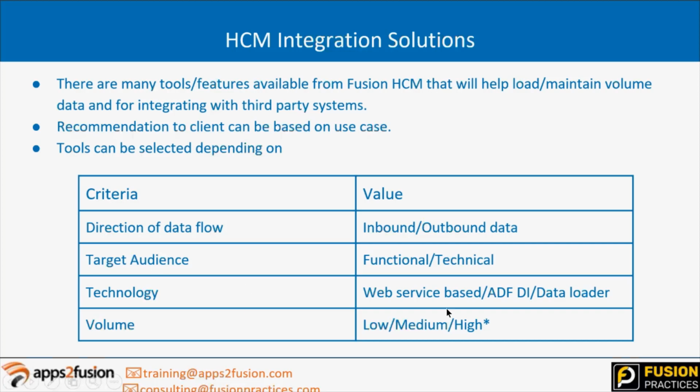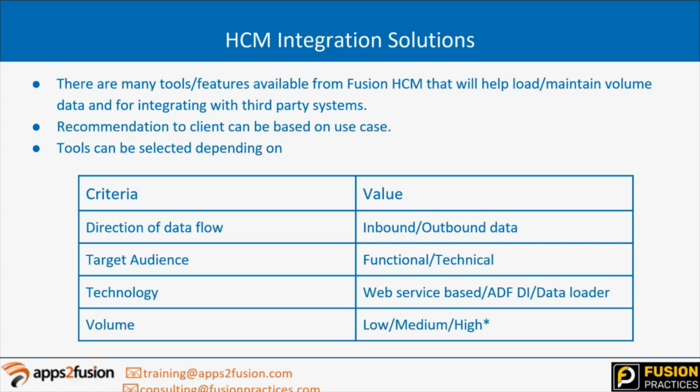And also the technology. If it is a one-time data load, we can manually load the file. If it is an ongoing interface, then we have to go for web service automations. And also the volume of the data, how can we divide the volume? So when will we go for ADF-DI? ADF-DI is again a loader.